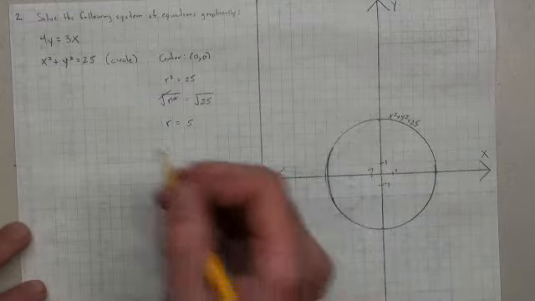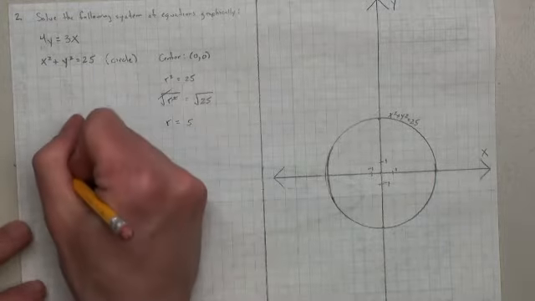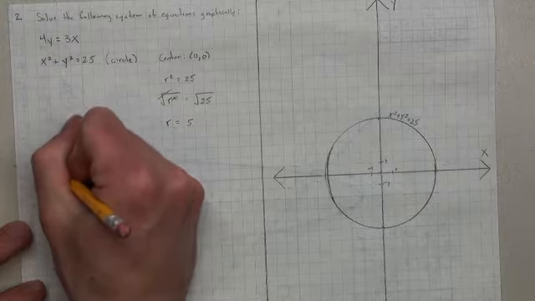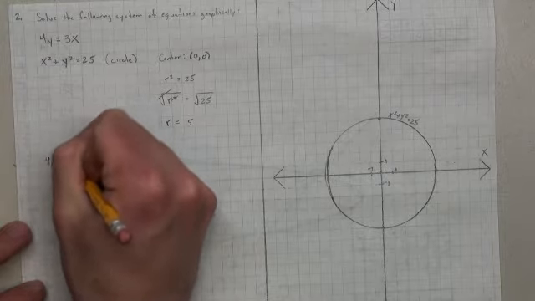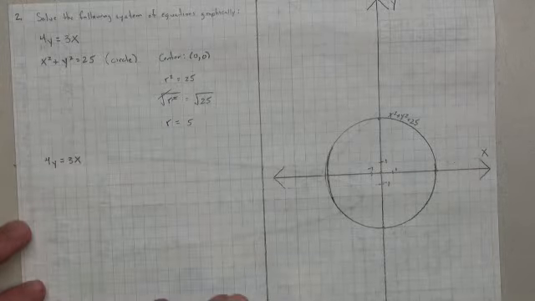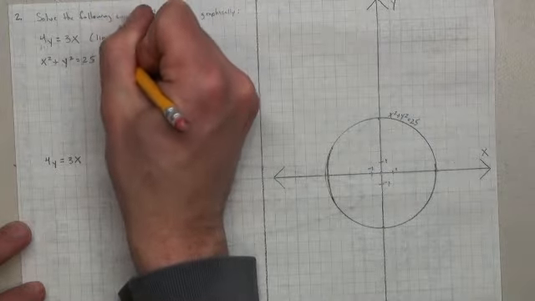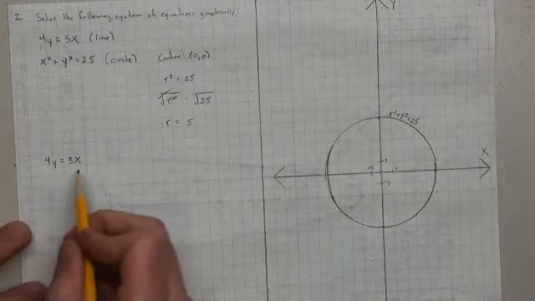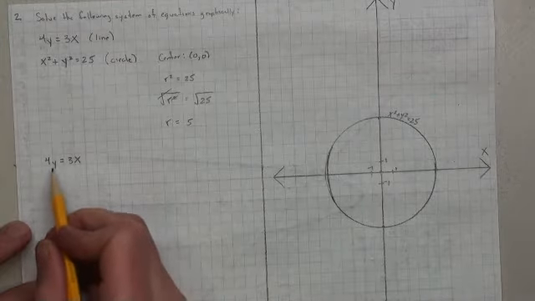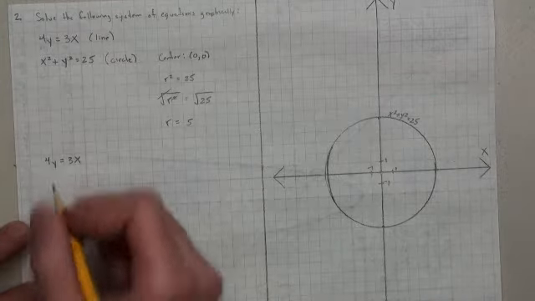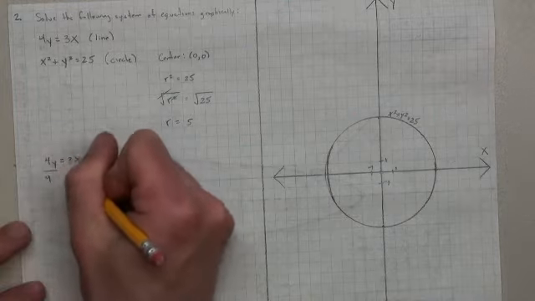We have 4y equals 3x. And remember, we want, let's put up in here line, we want this to be y equals mx plus b. So we got to make the left side just a y. So we'll divide both sides by 4.